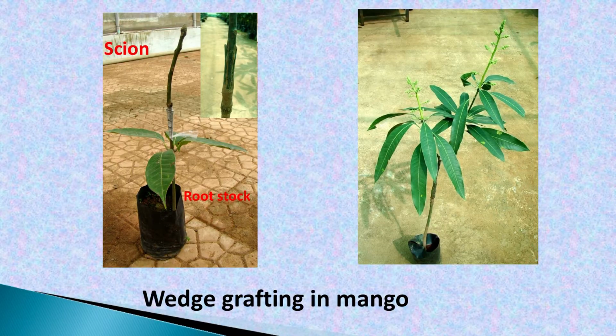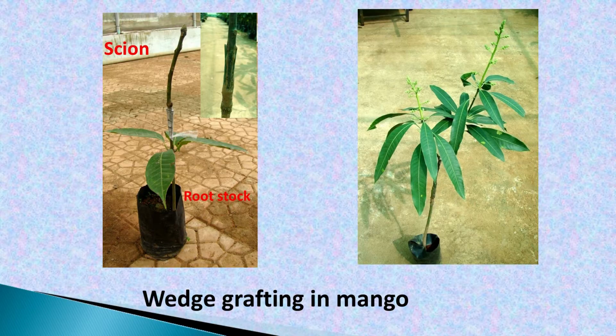So, they take the rootstock and make a V shaped cutting, and the scion is also cut in a wedge manner complementary to the V shape of the rootstock, and they are joined and wrapped with certain fungicide so as not to have infection.